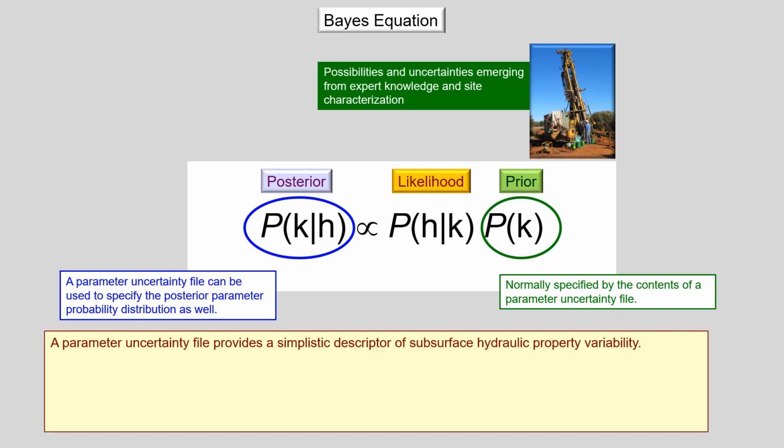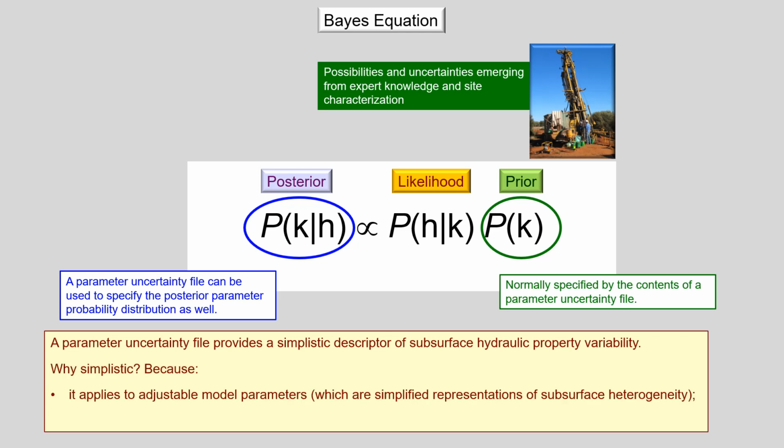It's worthy of note that that expression of the probability distribution of parameters, prior or posterior, will only ever be approximate. There's a couple of reasons for that. The first is that parameters of a model have to be adjustable. That's by definition, a parameter is an adjustable aspect of a model. These wiggle to express uncertainty.